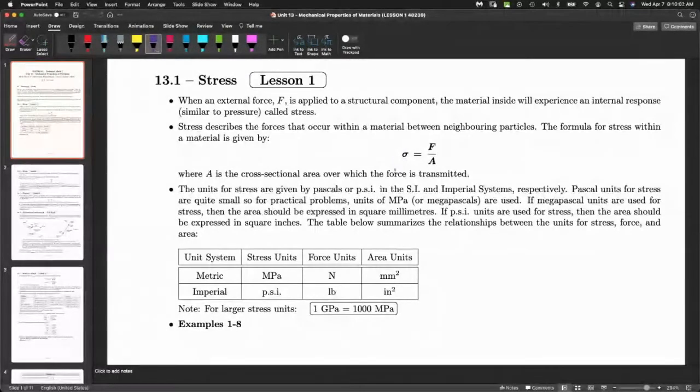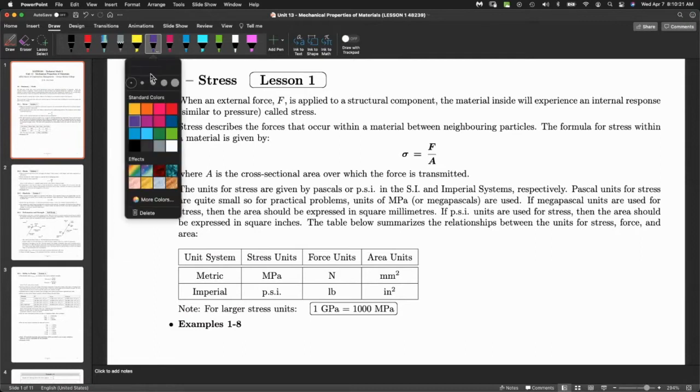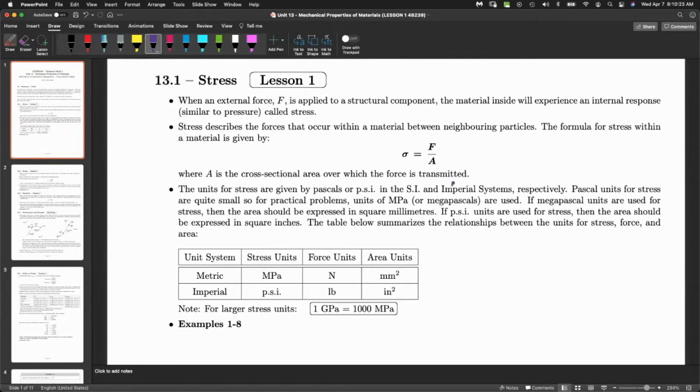If you're good at BEDMAS, that's all the math you need for this chapter. The little nuances come in when you're talking about unit conversions and the metric system and the imperial system. That's where it gets a little bit dicey, and you have to be careful. So here is the formula for stress.